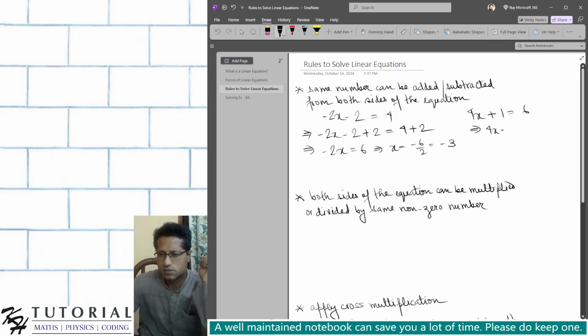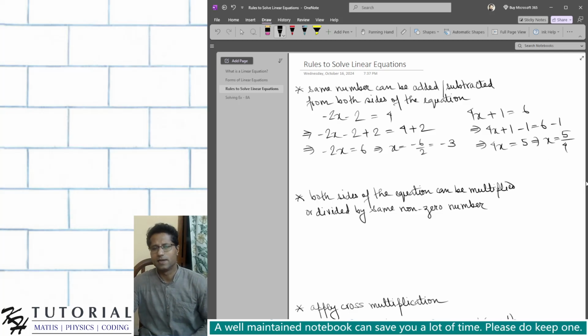That is 4x plus 1 minus 1 is equal to 6 minus 1. So I subtracted 1 from both the LHS and the RHS, and plus 1 and minus 1 cancel out, and we have 4x equals 5, and this implies x equals 5 by 4. So this way we can add or subtract the same number from both the LHS and RHS of the given equation.